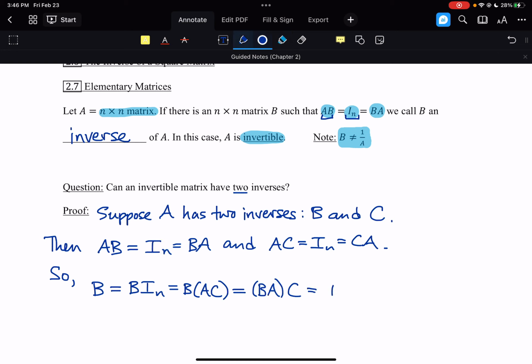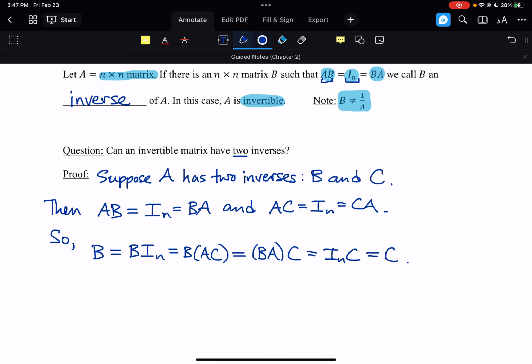So this would be equal to the identity times C, which is just C. So if we assume that A has two inverses, B and C, what we just proved is that those two inverses are equal, meaning that they're actually the same matrix. So it's not two different matrices, it's actually just one.